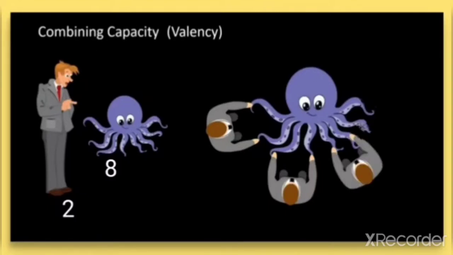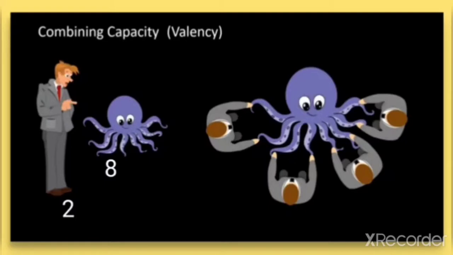That is the third man, fourth man. So that means the 8 arms of the octopus and the 2 arms of 4 men are completely locked.